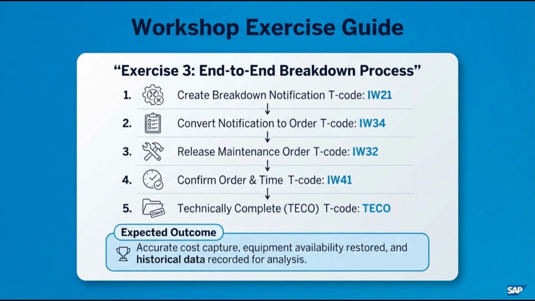At each step, observe the system behavior, status changes, and data updates. This kind of structured practice helps you understand not only the transactions but also the logic behind the process. Always complete the full cycle instead of stopping halfway.